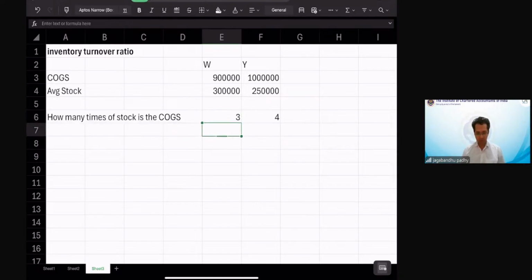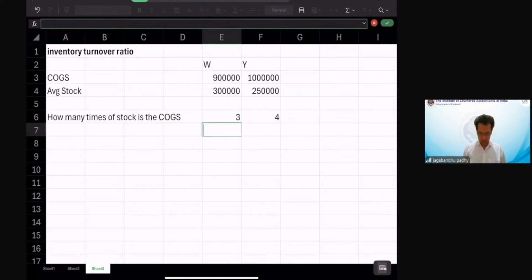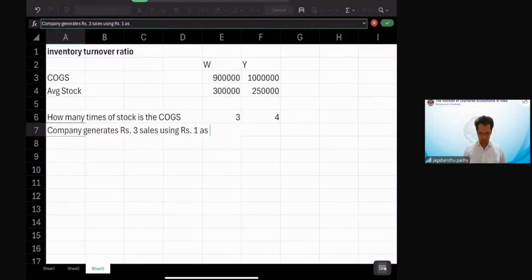Right? So this three simply means the company generates rupees 3 sales using rupees 1 of stock or inventory, we can say.